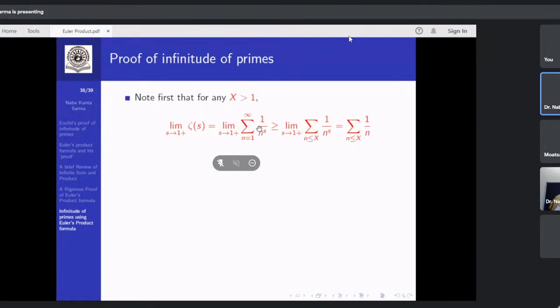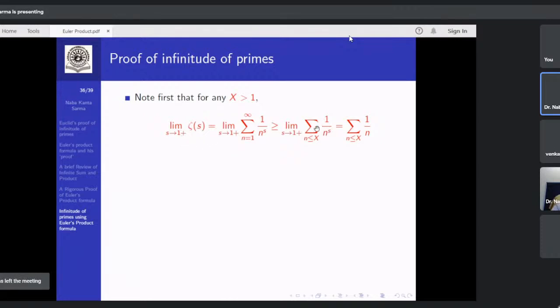So I want now to take the limit as s tends to 1 plus. So this is the zeta s value I have put, and here I have written up to any number x. Suppose I have fixed a positive real number x which is greater than 1, and this is the sum of all the series. And here I have written terms up to x. So obviously this will be bigger. And since my s is greater than 1, I am taking the limit as s tends to 1 plus.